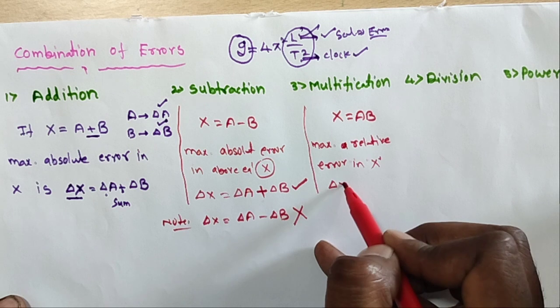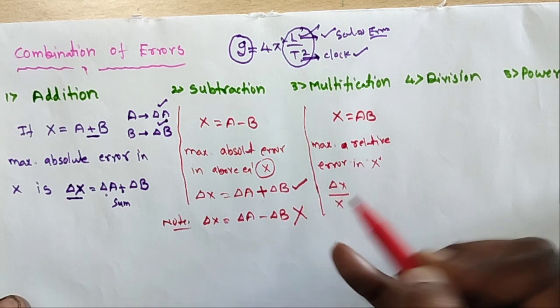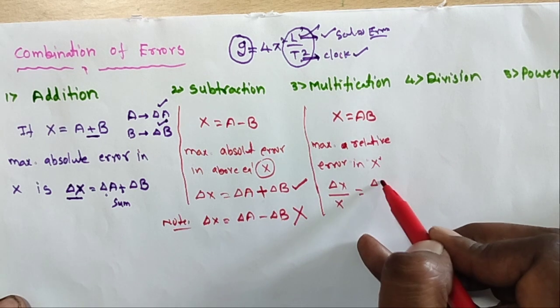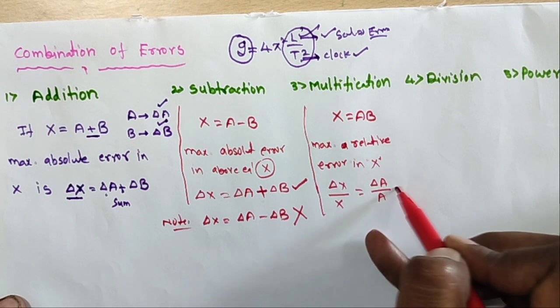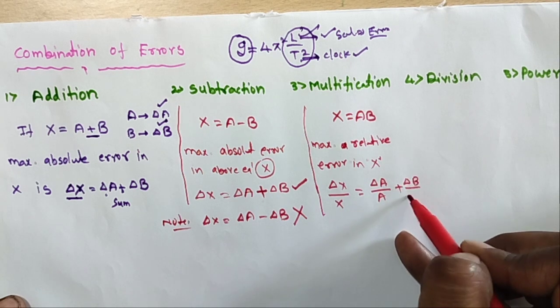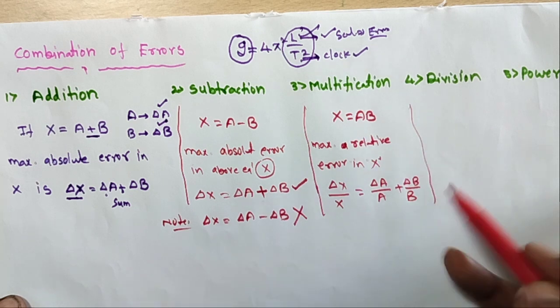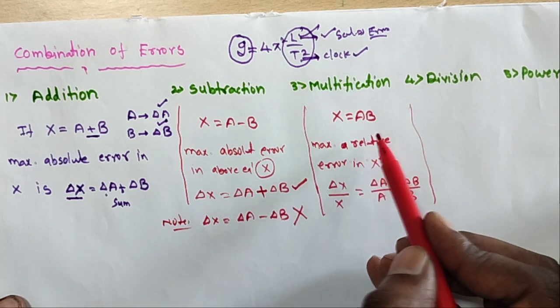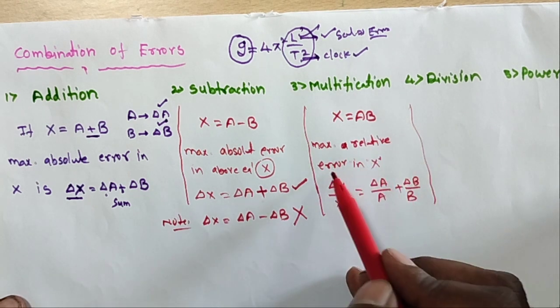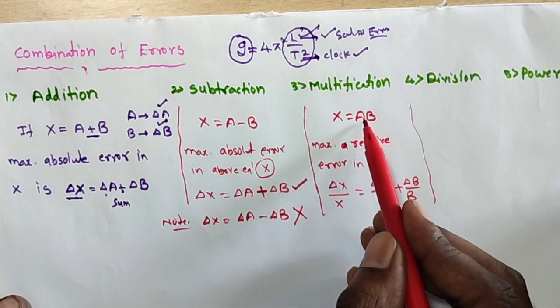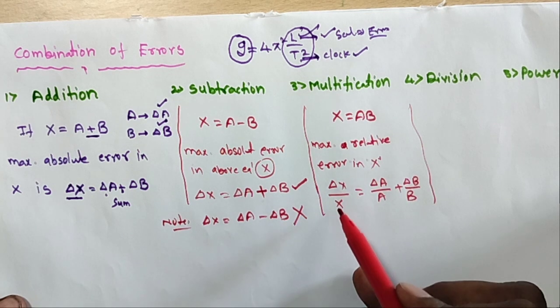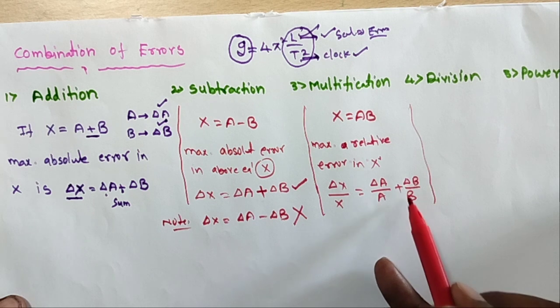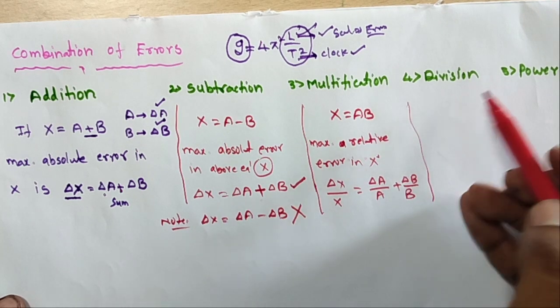Here I am taking the relative error. So delta X by X is equal to delta A by A plus delta B by B. This is the formula. If multiplication is given, X is equal to AB, the maximum relative error in X in the above equation is delta X by X equal to delta A by A plus delta B by B.